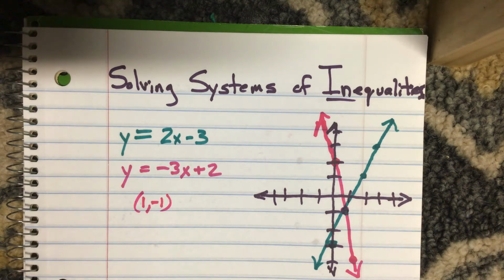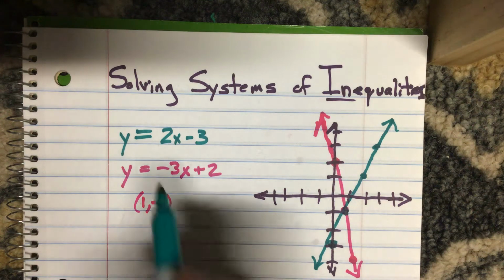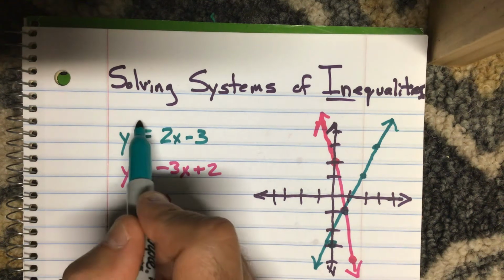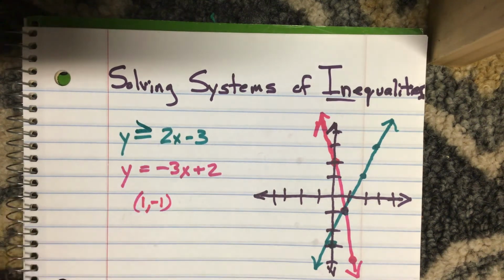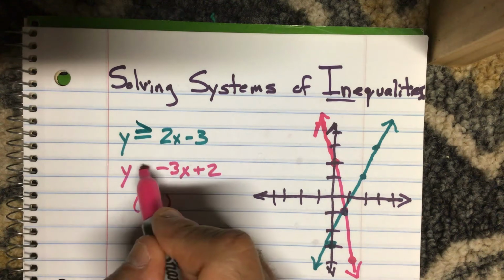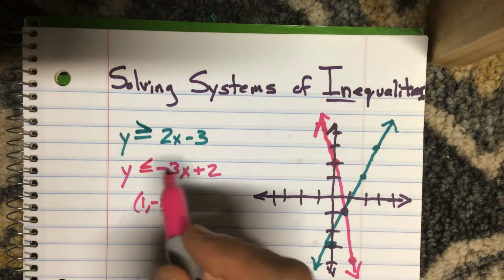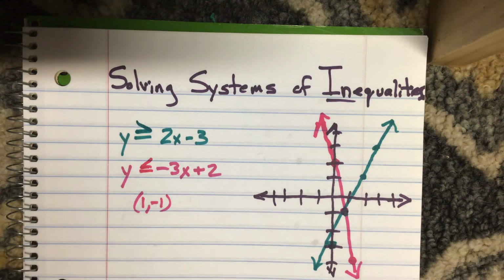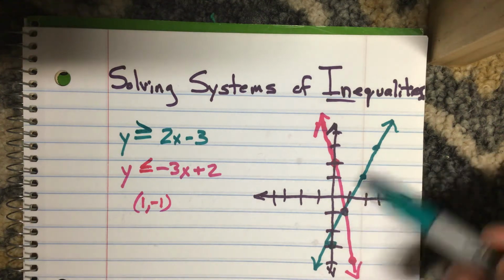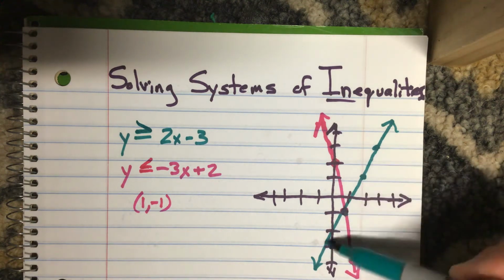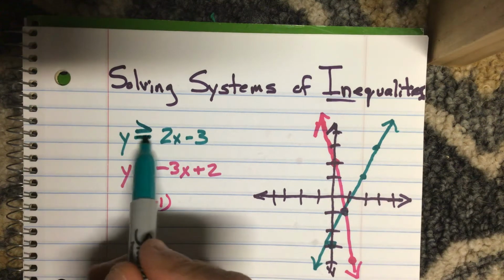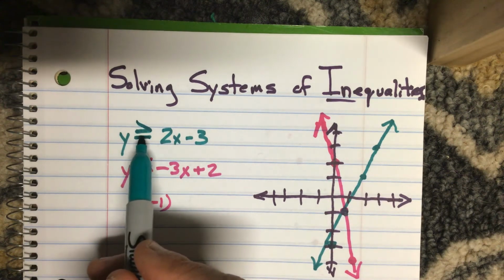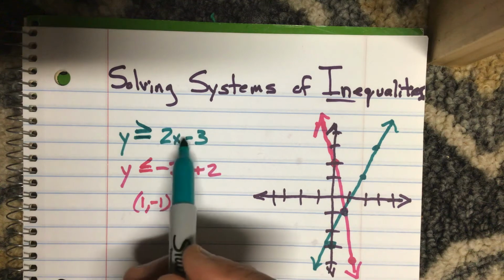If these were inequalities, so let's make this one greater, and I'll make this one less than or equal to. So going back to the green one now, these are still solutions because the equal sign is still there. Right? But we're also talking about anything that makes y greater than this function.